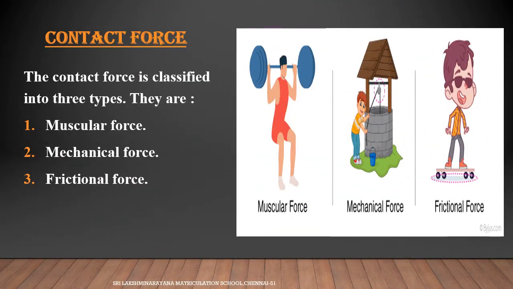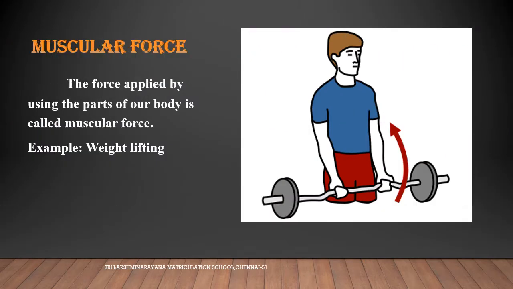In this slide, we are going to see about types of contact forces. The contact force is classified into three types. They are muscular force, mechanical force, and frictional force. Now, let us see about muscular force.